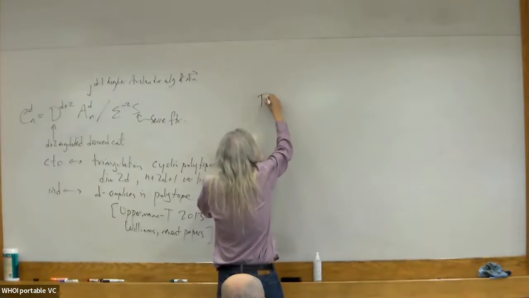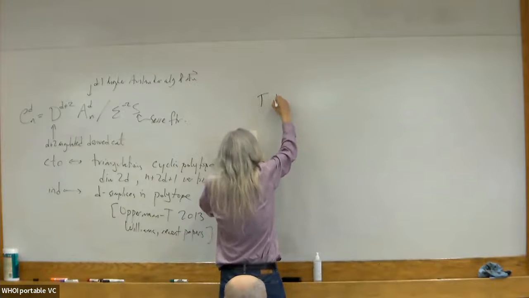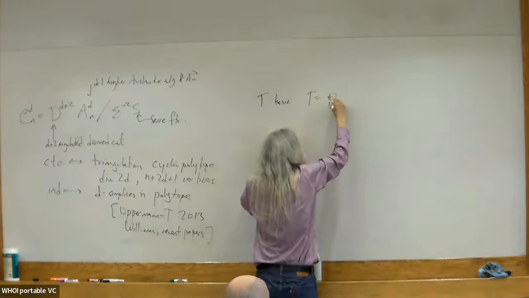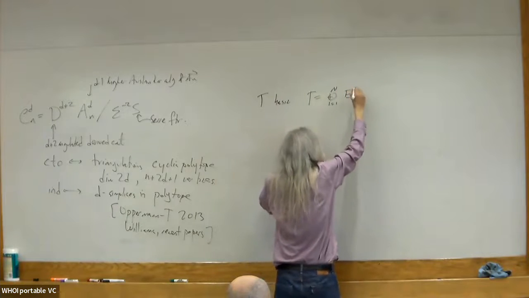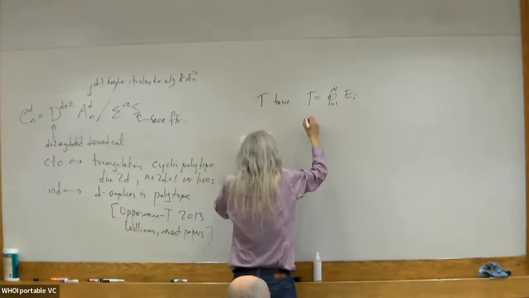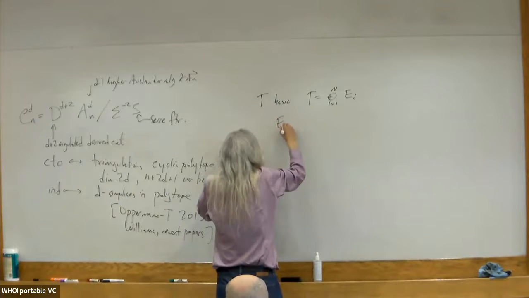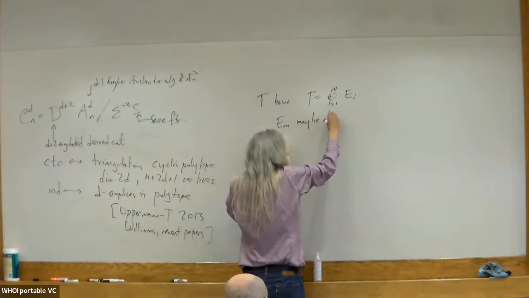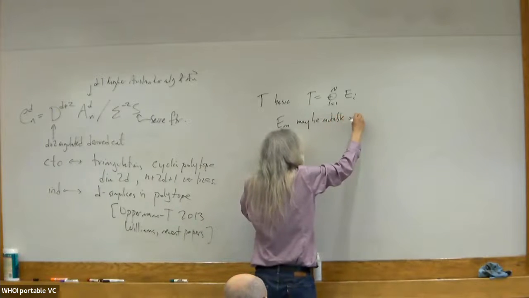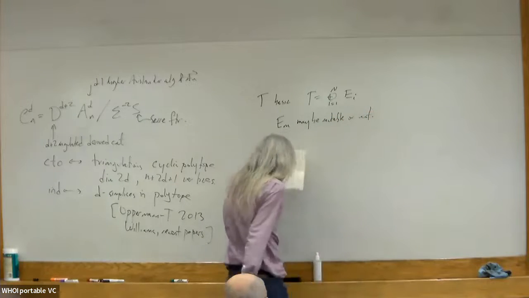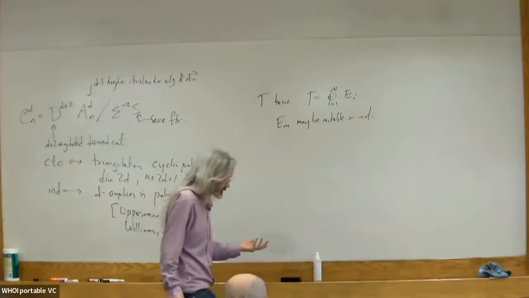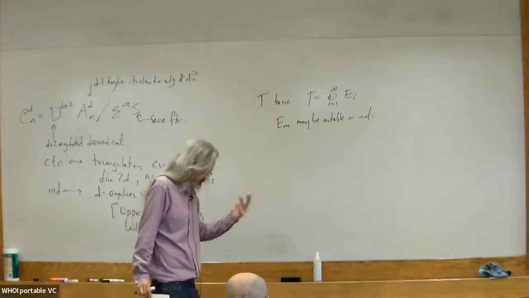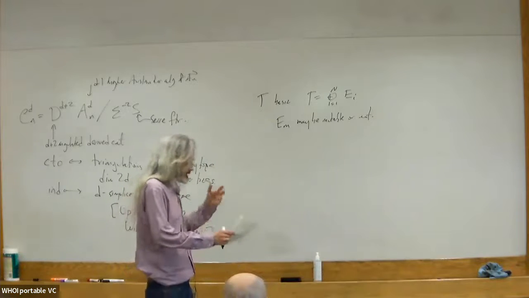So let me say this. T is basic. Rewrite T as a direct sum of objects E_i, and each E_m may be mutable or not mutable. In any particular cluster tilting object, some of them will be kind of stuck.